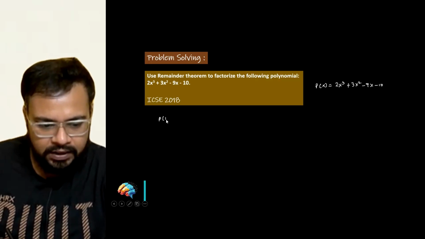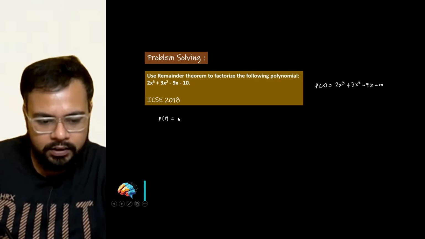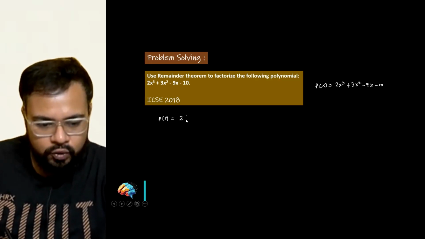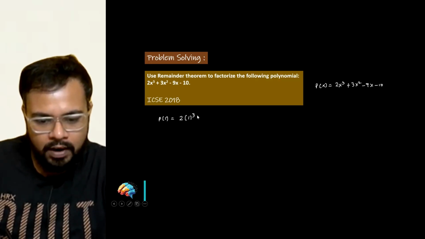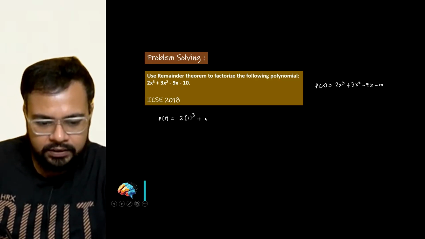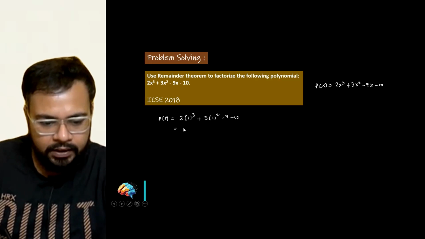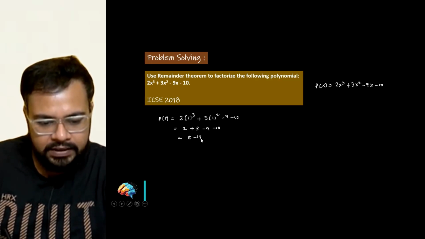Let's see what happens. P of 1 is 2 into 1 cube plus 3 into 1 square minus 9 minus 10. What is it coming? 2 plus 3 minus 9 minus 10, that is 5 minus 19.